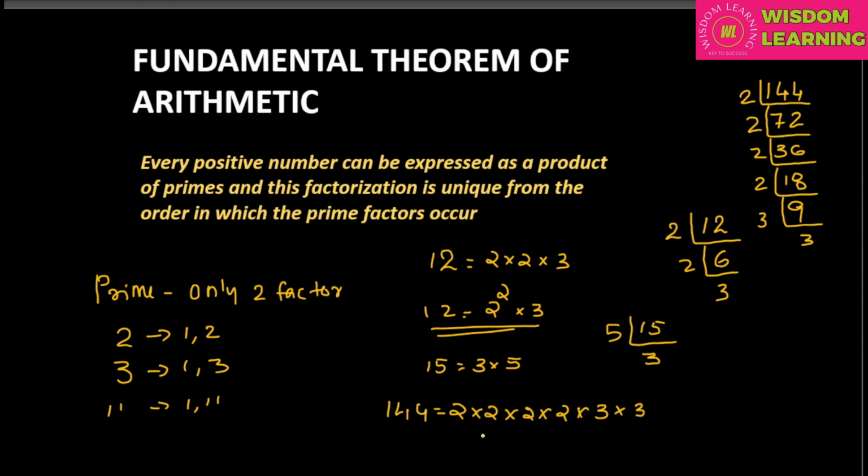That means 2 is repeated 4 times, so 2 raised to 4, and 3 is repeated twice, so 3 squared. So 144 as a product of primes is 2 raised to 4 into 3 squared. So this is the fundamental theorem of arithmetic. Using the fundamental theorem of arithmetic, we have to find LCM and HCF. That is the next chapter.